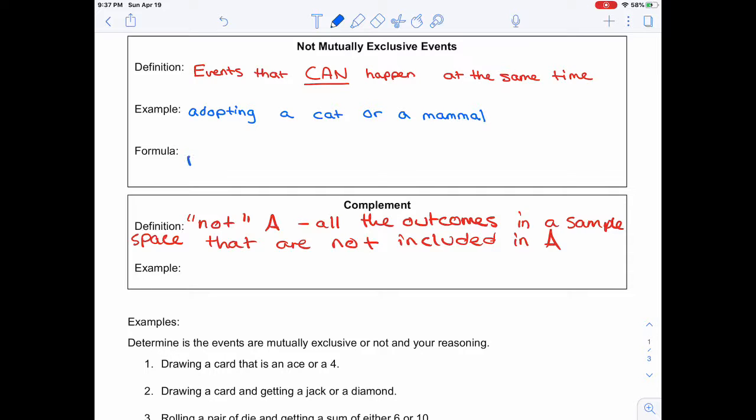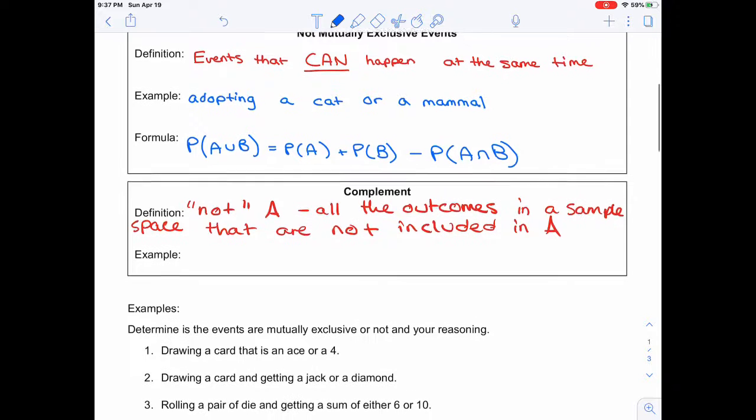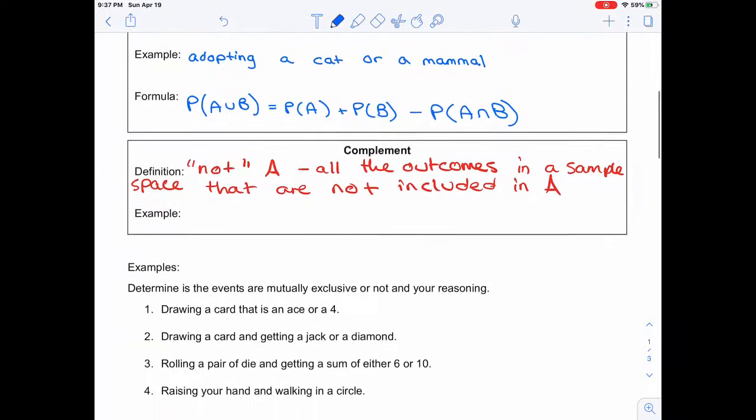So your formula for this is going to be the probability of A or B, or again, A union B, and that's going to equal the probability of A plus the probability of B minus the probability of A and B, okay?